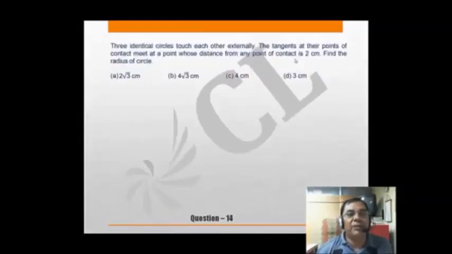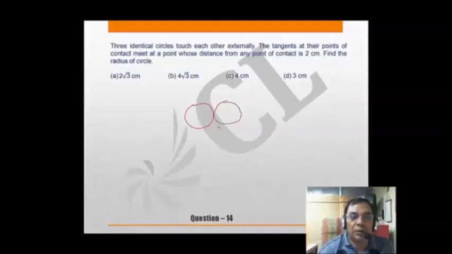Three identical circles touch externally. Okay, I'll make these figures we are familiar with. The tangents at their point of contact meet at a point, and the distance from any point of contact is 2 centimeter.